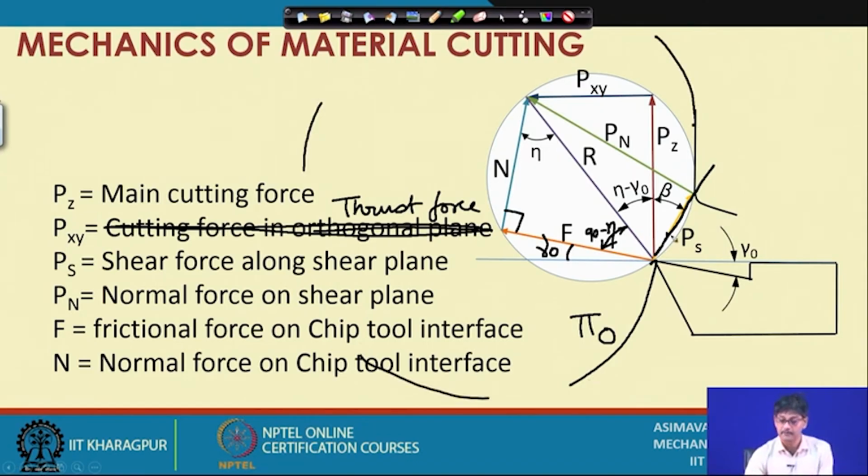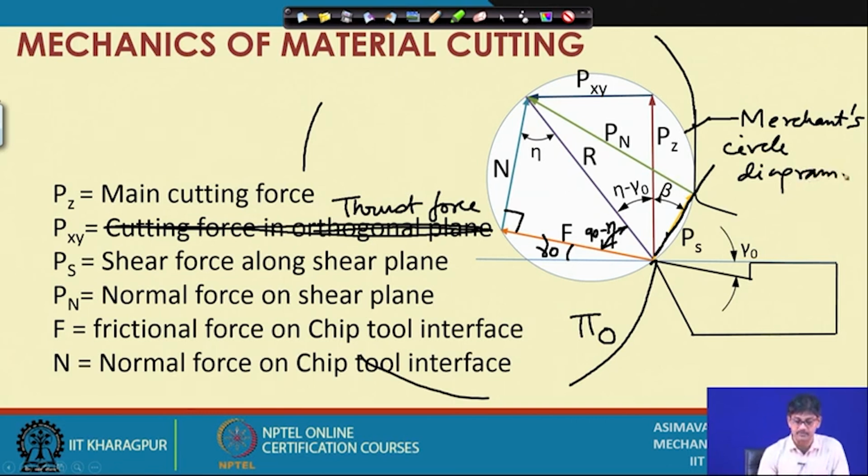This is called Merchant's circle, after the name of the scientist who established this relationship, the Merchant's circle diagram. So we come to the conclusion that Pxy is called the thrust force.